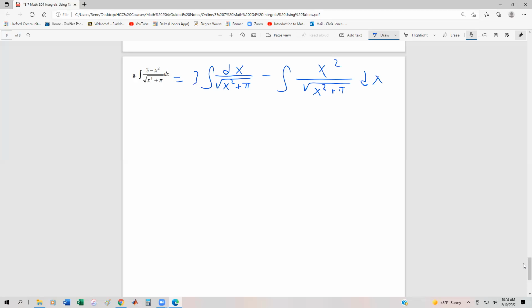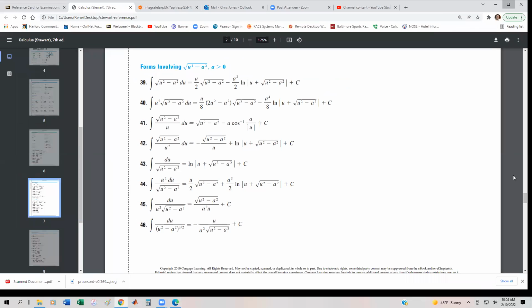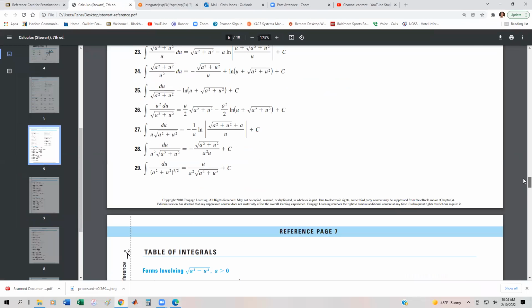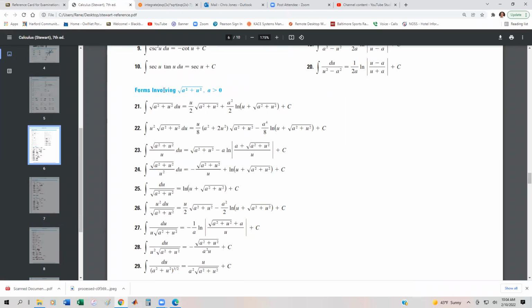And what we might have to do is use 2 different entries to be able to figure this out. Okay, so we're going to look for something with x squared plus a squared under the square root. So we go back up here to our table. And we remember that x squared plus a squared, or a squared plus x squared in this case, was up at the beginning.